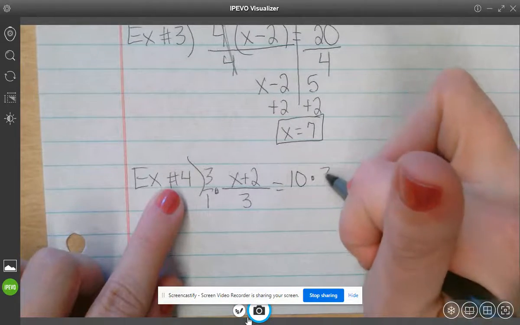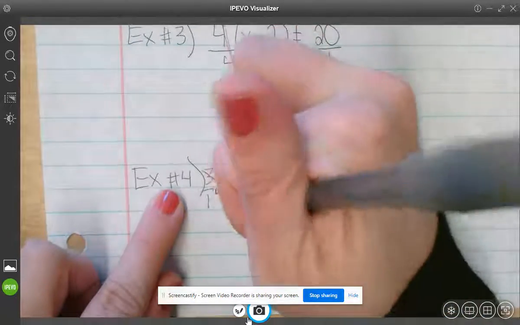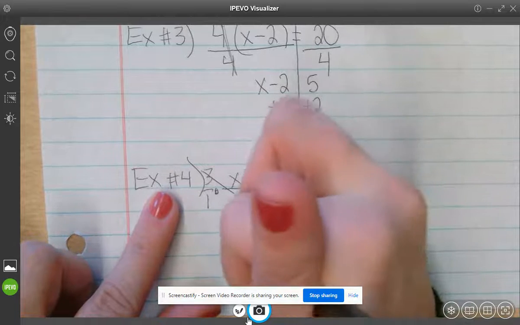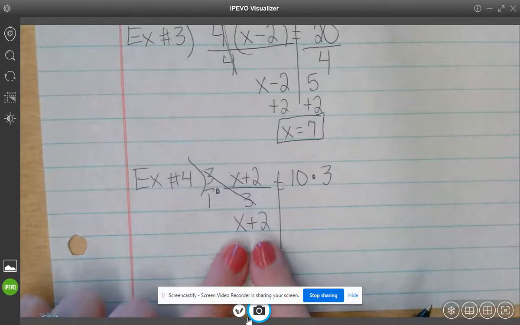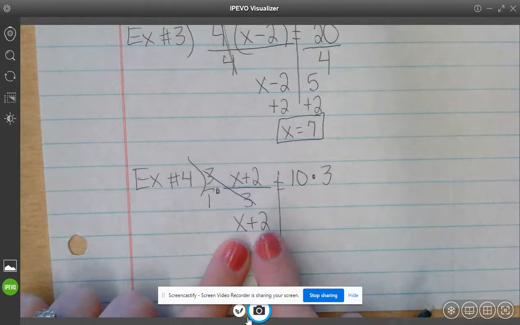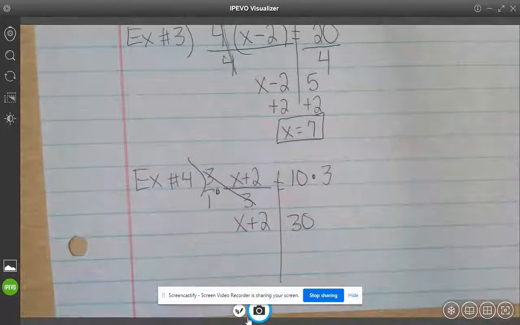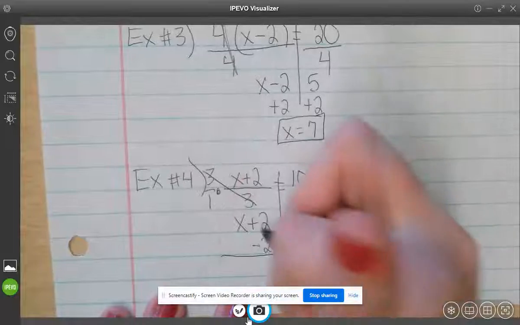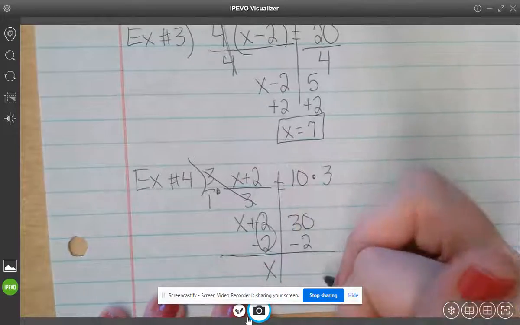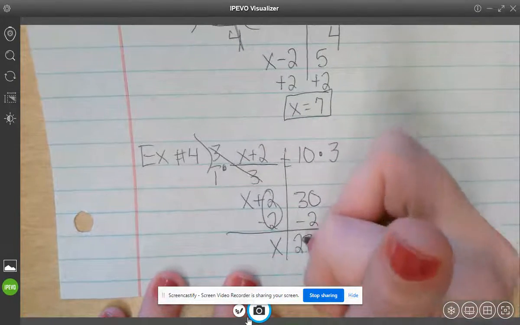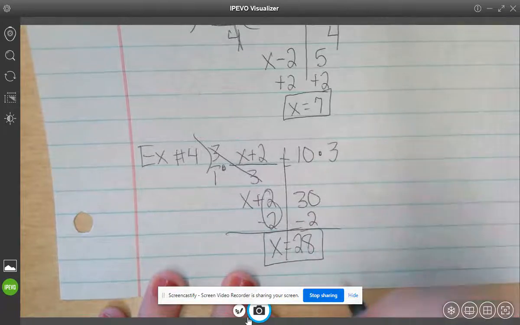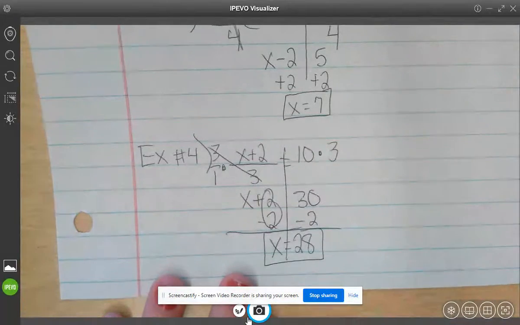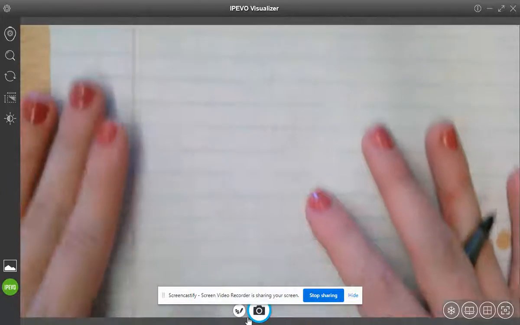I'm going to multiply 3 over here. That cancels out. Oh, forgot my line. So all I have left over here is x plus 2. And then I have 30 over here. My last step is to subtract 2. I have x equals 28.